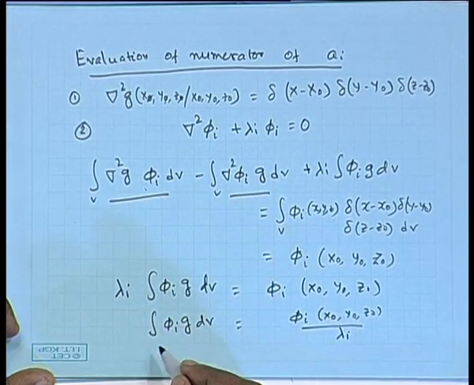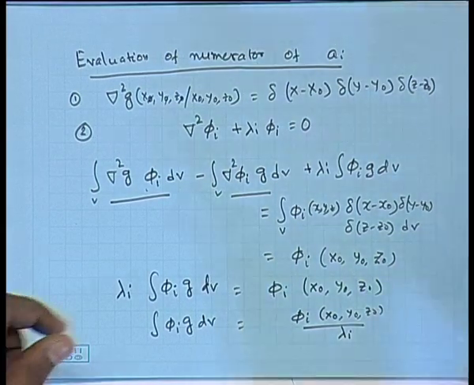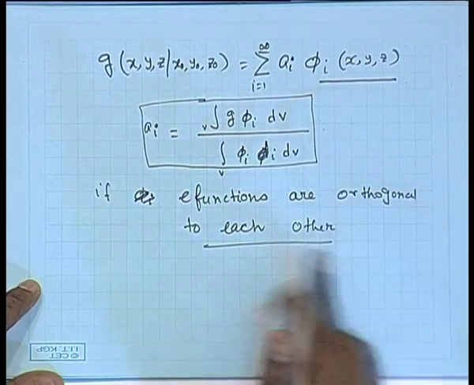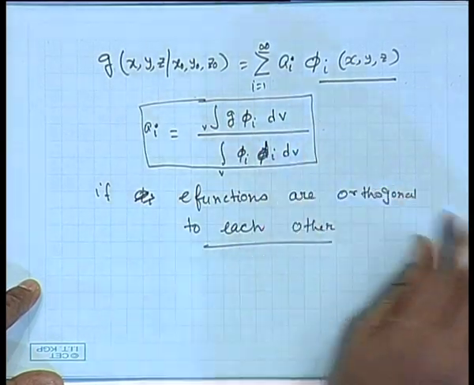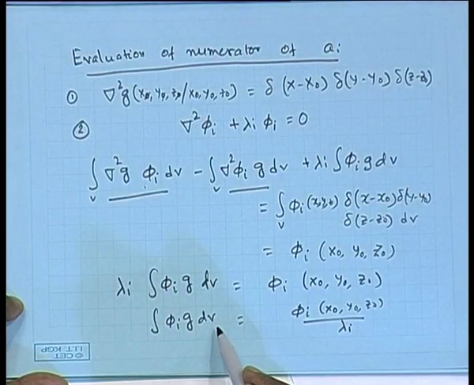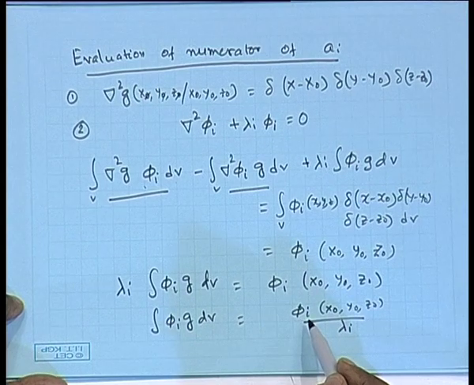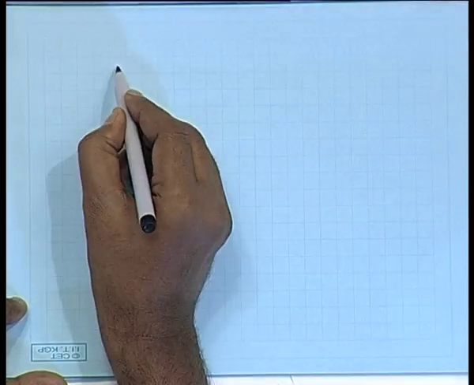This is nothing but the numerator of the governing equation of A I. If you look into the expression of A I, the numerator is integral of g phi I dv. Okay. Whatever we have got is nothing but the same integral of g phi I dv, in terms of the eigenfunctions and eigenvalues. So, what will be the final form of the expression of A I?